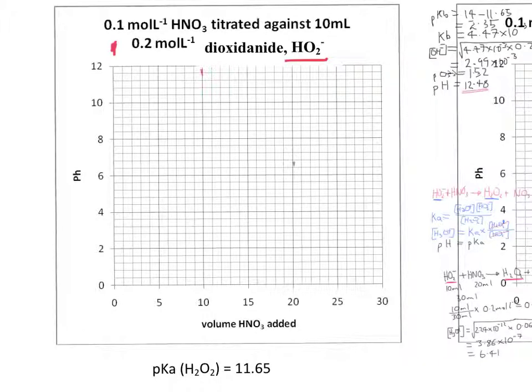We note that at halfway to the equivalence point we have what's called our buffer region, so we have a nearly horizontal line like this. We note that at our equivalence point we're going to have a vertical part like this, and then we just fill in the curves. So here's the curve from the start.